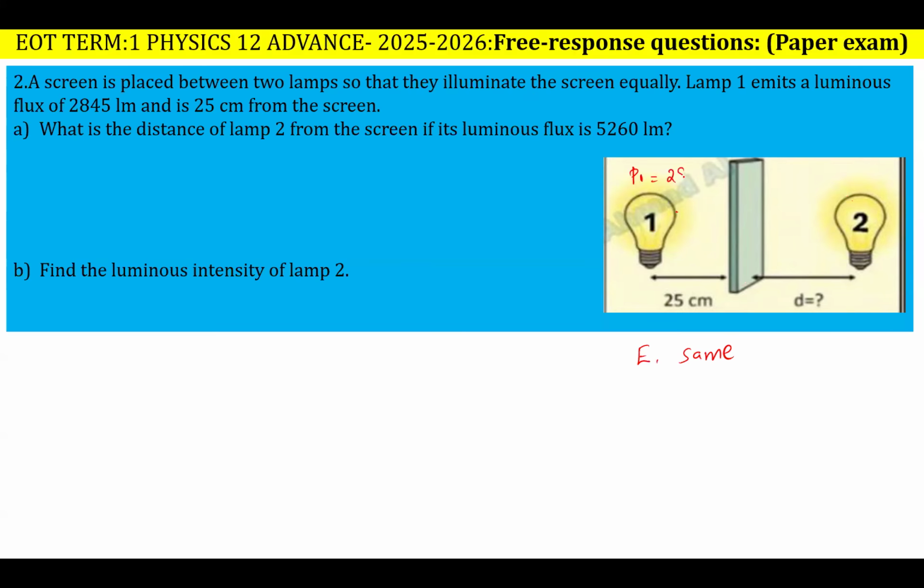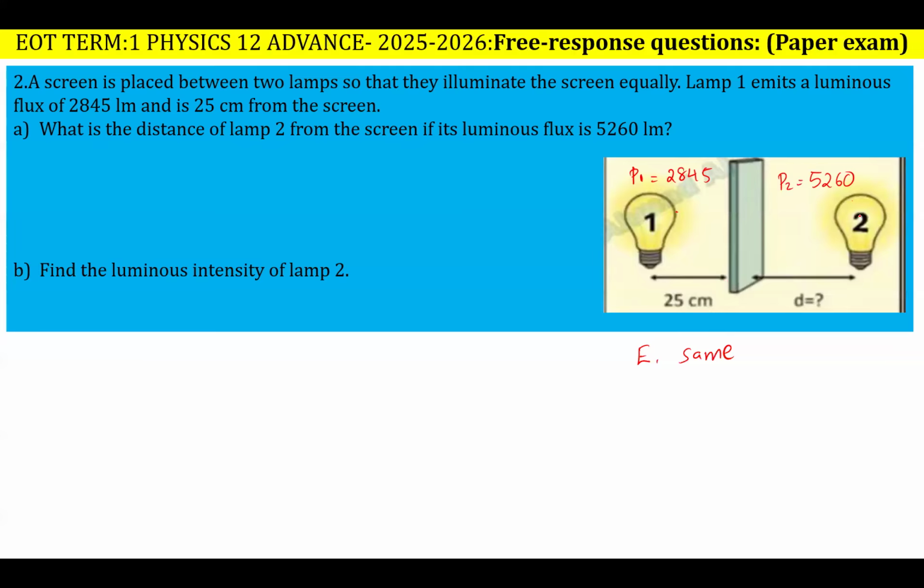P1 is equal to 2845 and it is 25 centimeters from the screen. And now the question is, what is the distance of lamp 2 from the screen if its luminous flux is 5260? So they have given two sources and the luminous flux of each source.